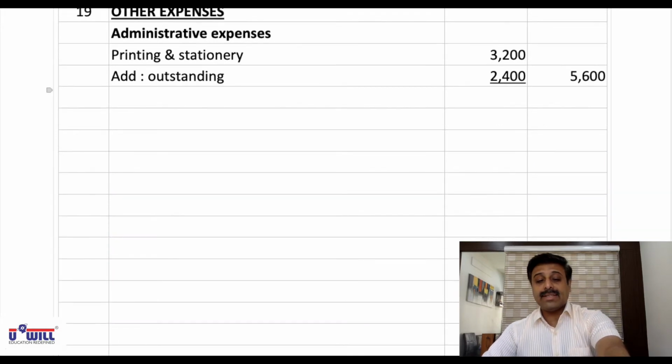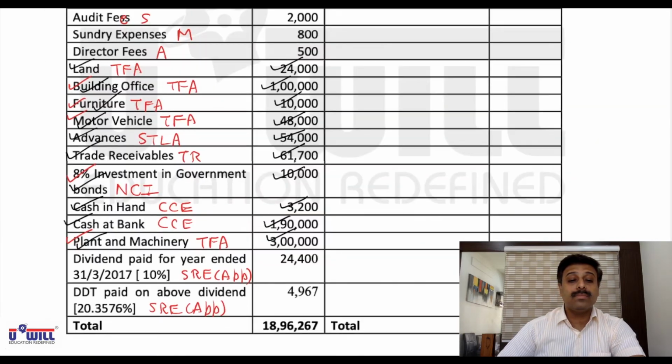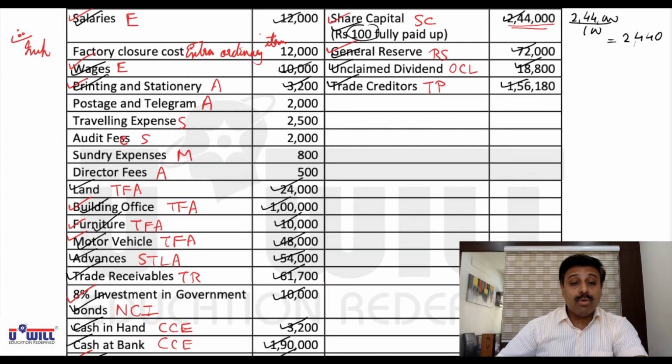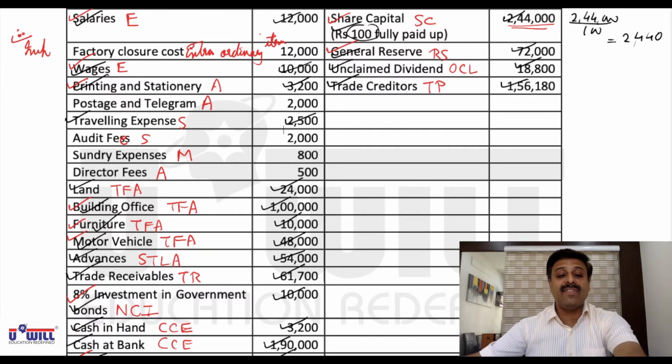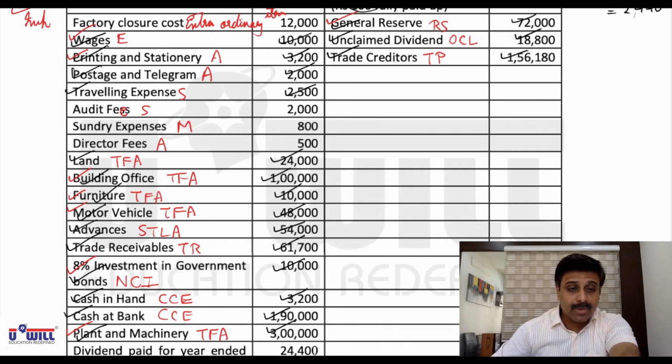Then after printing and stationery, what next we have is A marked items. Postage and telegram, directly in outer column, 2,000. Not traveling expense, postage 2,000.